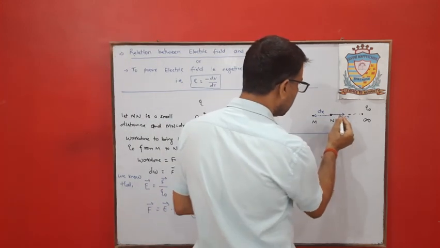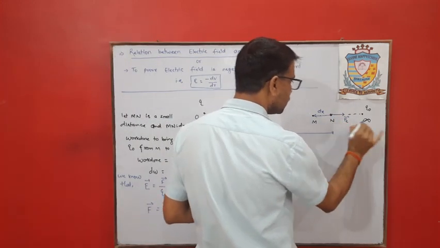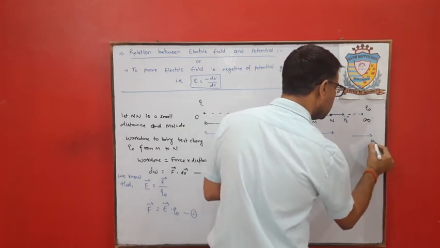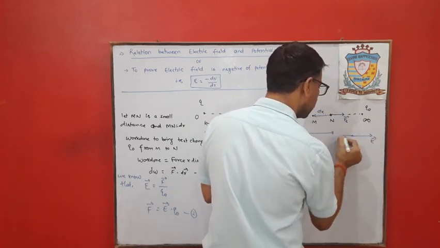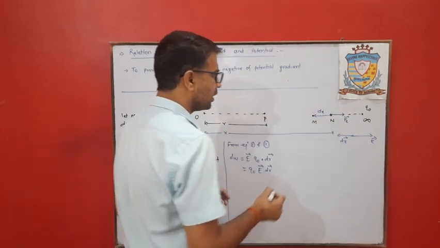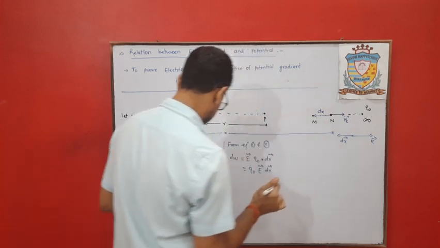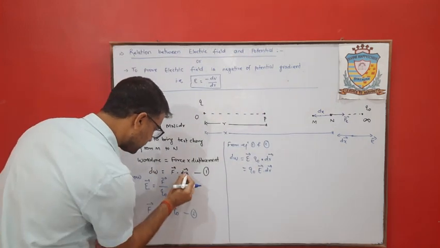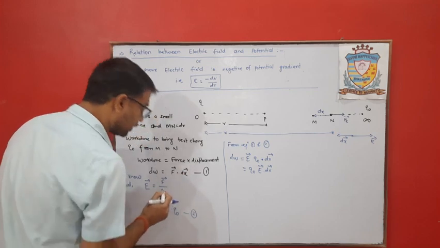And here you can see, if this is the direction of force, this will be the direction of electric field, and this will be the direction of small displacement, dx.